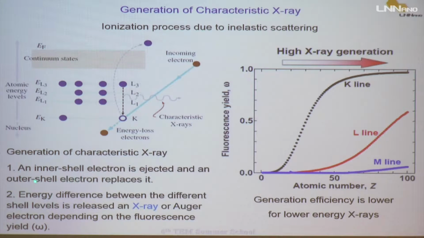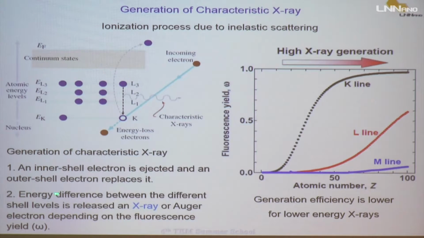Then an outer shell electron, in this case the L3 electron, will come to the K shell to replace the electron that was ionized.